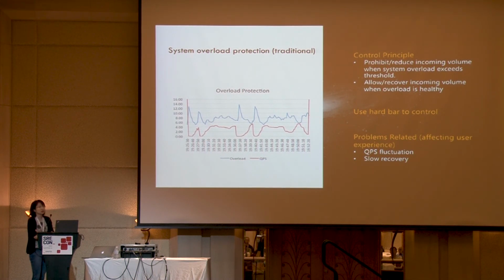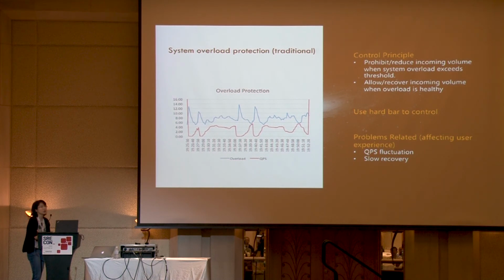After a while, the downstream application is recovered, and the response time has been reduced heavily, or has been reduced obviously. However, the system load is still high because the incoming requests have accumulated for a while.